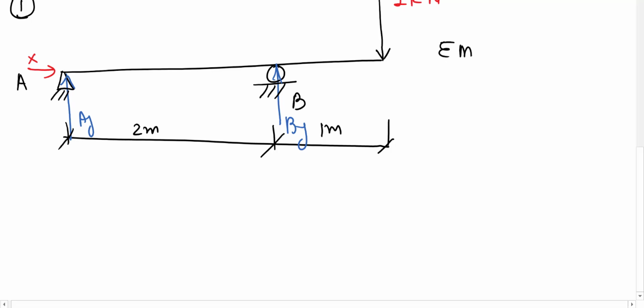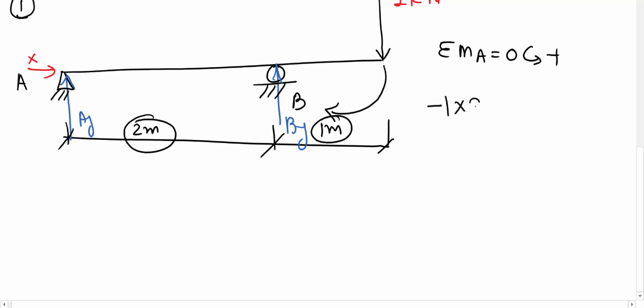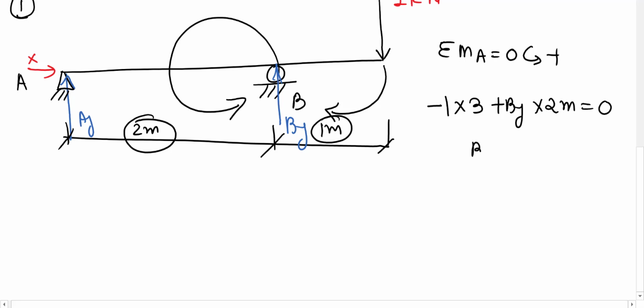Sum of the moments at point A equals 0, anti-clockwise is positive. This is a clockwise moment, so 1 times the distance of 3 meters, and BY creates an anti-clockwise moment, so plus BY times 2 meters equals 0.